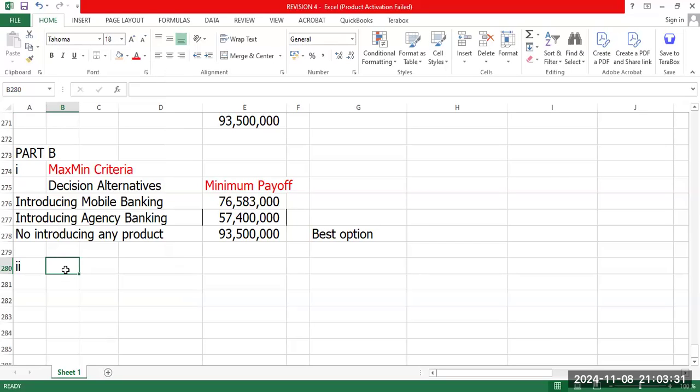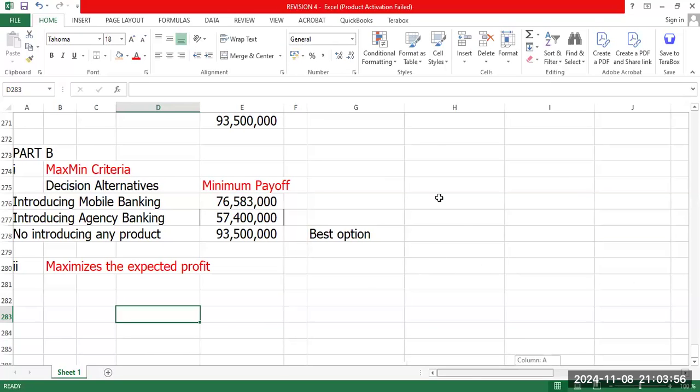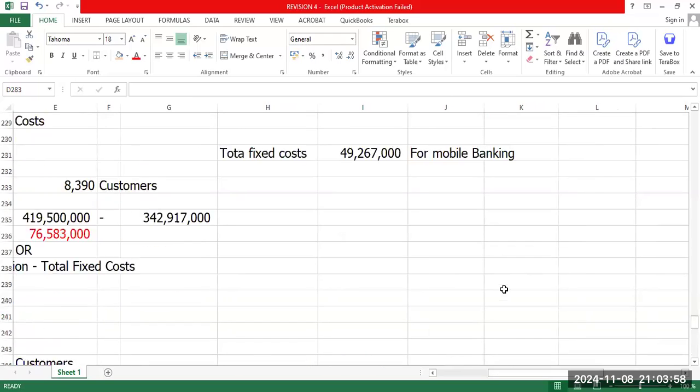Here we are looking at the one that maximizes expected profit. So what you will do here, you come this side, okay?